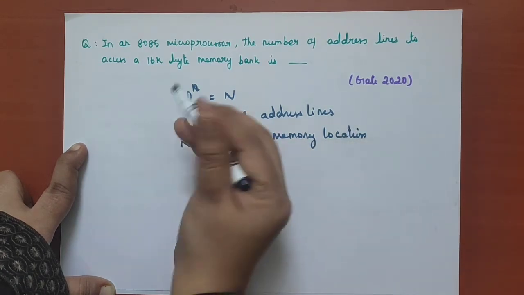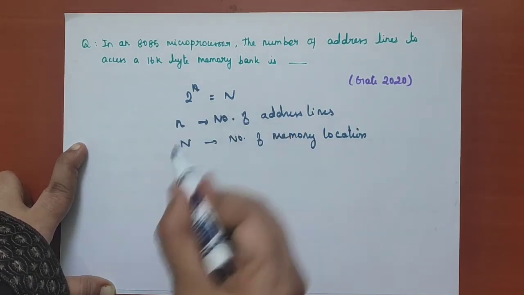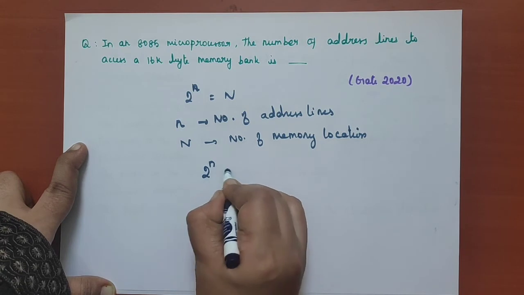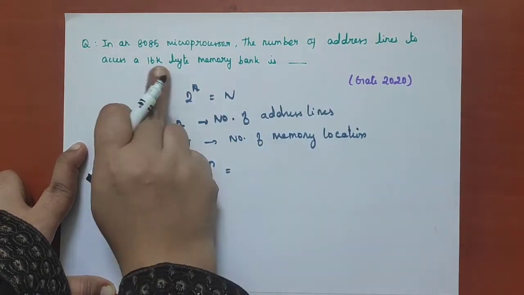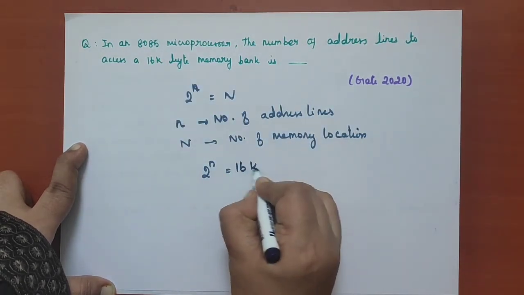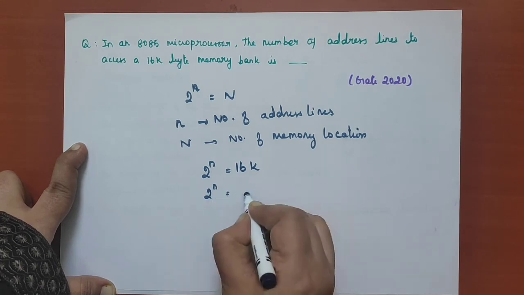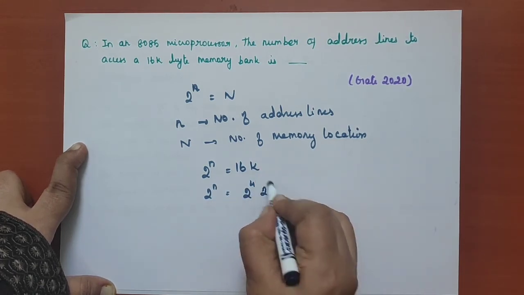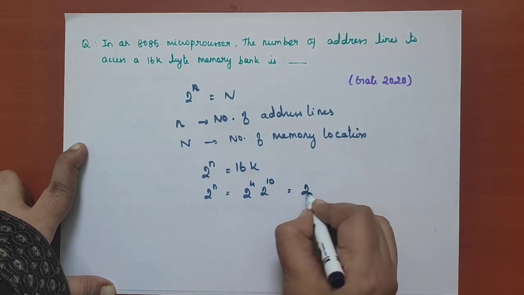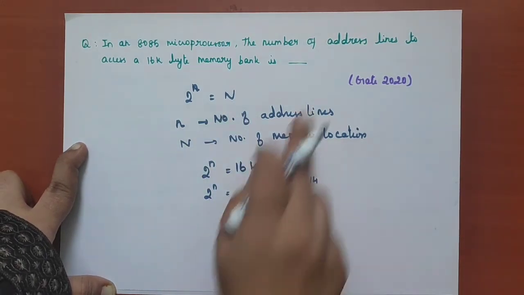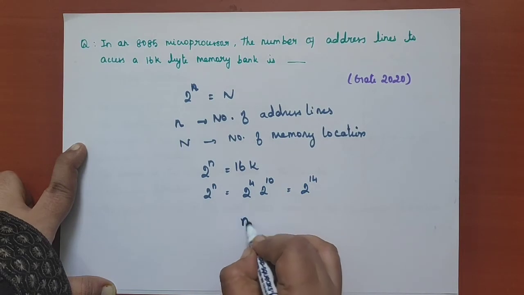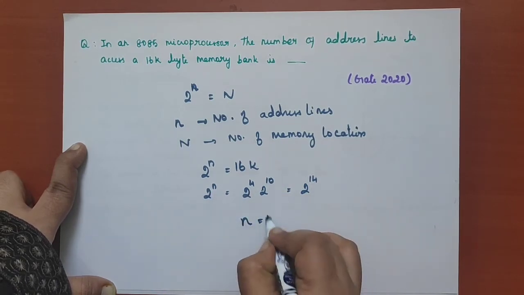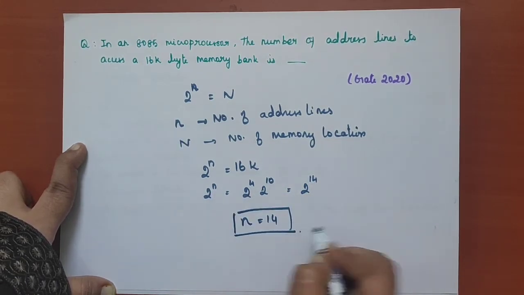We have to find the small n, and the capital N is given. That is, 2 power n equals 16K. We can write 16K as 2 power 4 times K, and K in binary form is 2 power 10. So it is 2 power 14. The question asked is the number of address lines, that is small n. Small n will be equal to 14 for this.